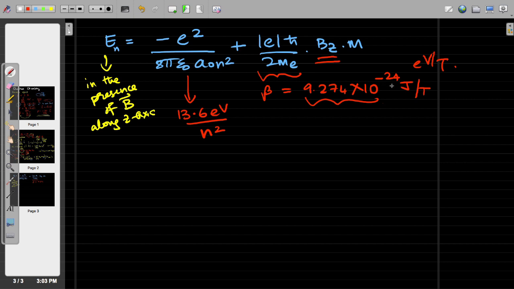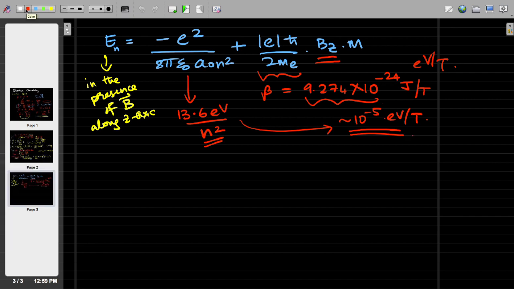You're having a 10 power minus 19 that will go, so you're still having something like 10 power minus 5 eV per Tesla, probably 10 power minus 4. So this is really small as compared to the energy difference between the different wave functions for various values of n. However, this is not a small effect, so this does indeed perturb the entire system. Let's try to draw the 1s orbital.